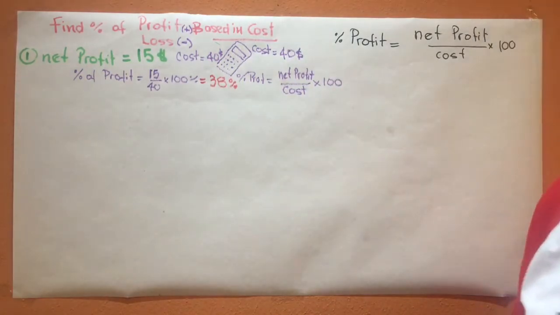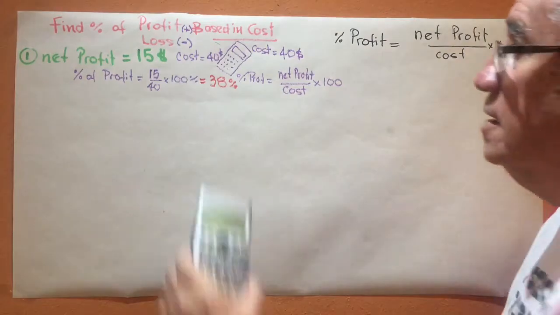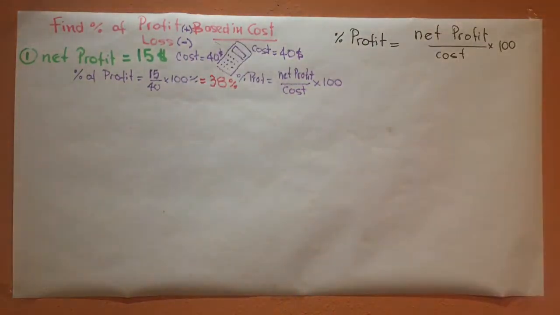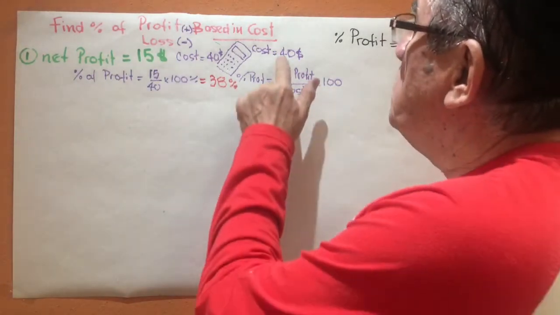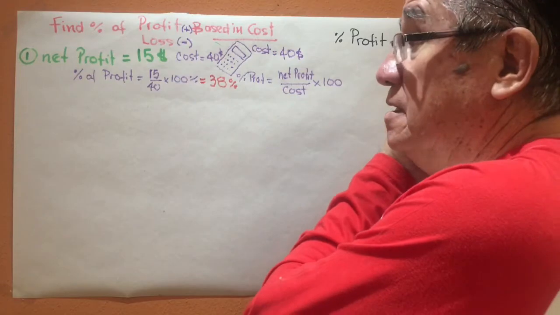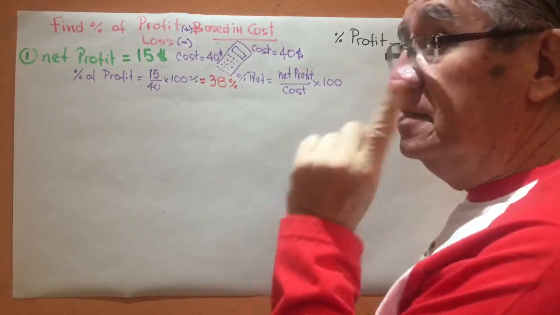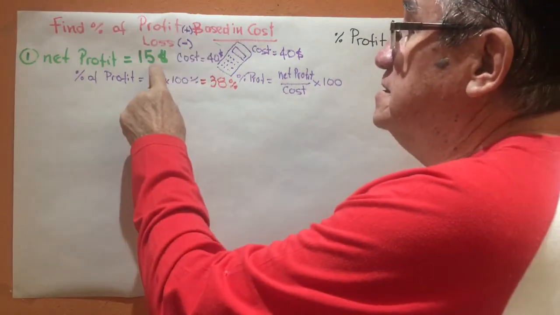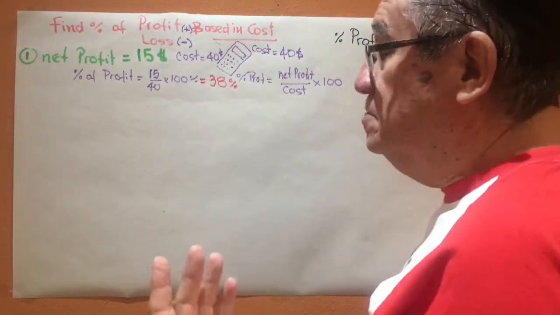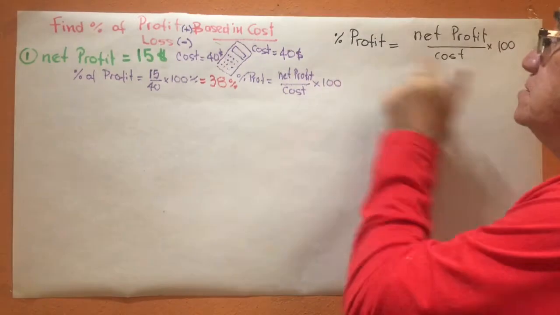Let's take this example. See, this calculator was bought at the cost of $40. And I made business and I got a net profit of $15. So I want to know how much my percentage of profit is.